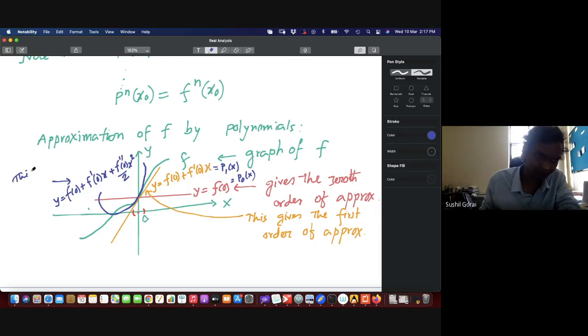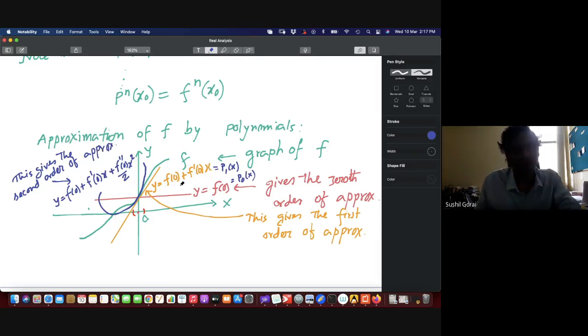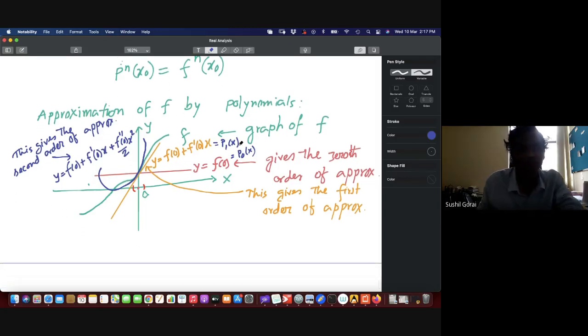This gives the second order of approximation. What do you think it means by zeroth order, first order, second order of approximation? You see, this is getting closer to the curve around the neighborhood of the origin.